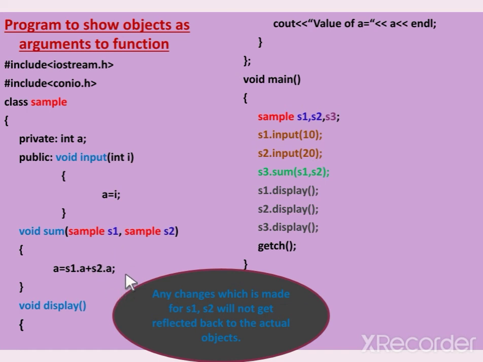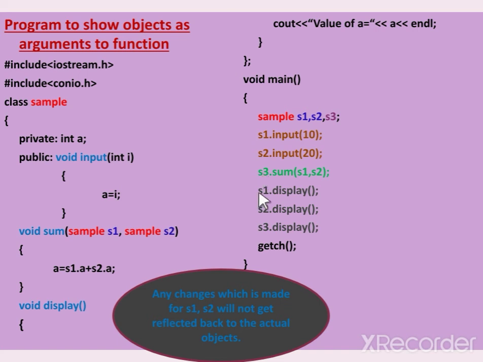We are adding S1 and S2. So A is equal to 10 plus 20, that is 30, will be the answer. That will be stored in the variable S3.